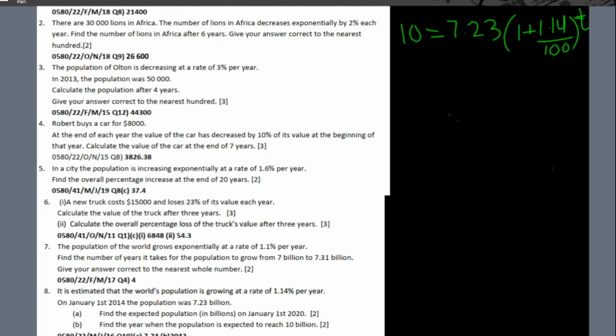Okay, so we'll divide 10 and 7.23, which gives us 1.383125 and so on, equals 1 plus 1.14 over 100, which is 1.0114. Now what power of 1.0114 will give us 1.383125? What do we do here?